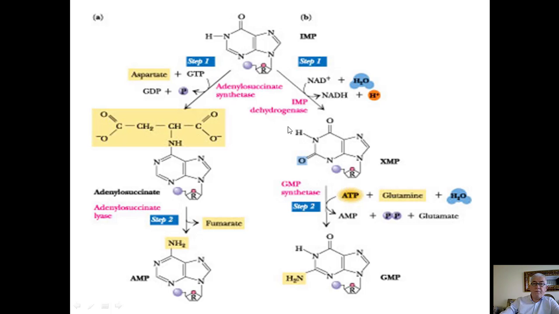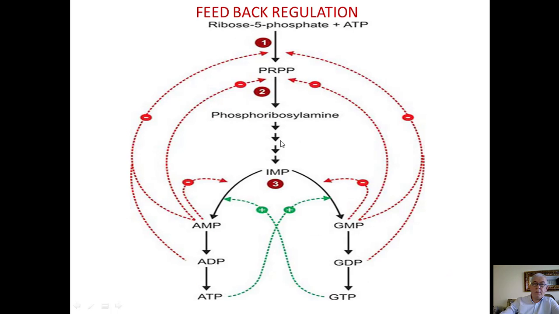And after that, when you look at feedback regulation, we have different regulation mechanisms for purine de novo synthesis. First is allosteric inhibition. End products like AMP or ADP, GMP or GDP inhibit the first and second reactions of purine de novo synthesis, and it is a very important way of regulating the purine system.